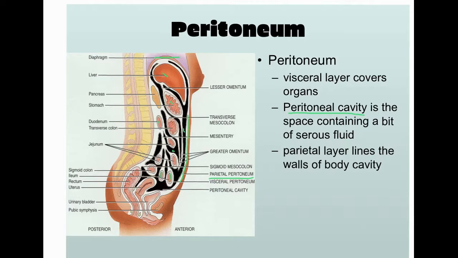And then the layer of the peritoneum that's directly adhered to the abdominal organs is going to be the visceral peritoneum, the visceral layer. You can see that right here. That's just directly adhered to all these organs. Here it is right here, directly surrounding the stomach. So that would be the visceral peritoneum.